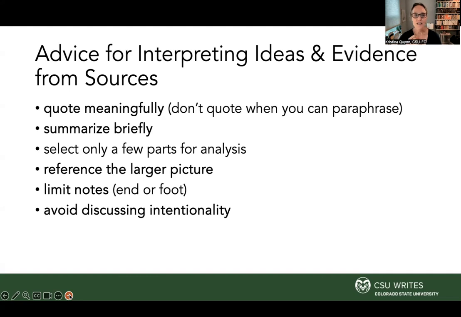Avoid discussing intentionality. Depending on your topic, for many of you, this will not be an issue unless you're working with human subjects or you're writing about what other people have said. Where intentionality becomes important is if you're describing what another author who's written about the same topic as you has said about that topic, and then let's say the quotation doesn't really say what it is that you think they were going for.